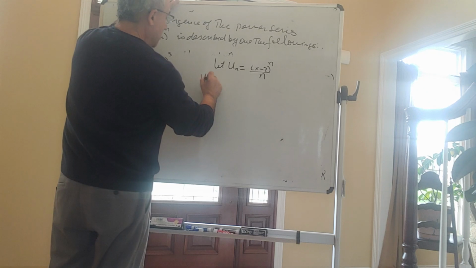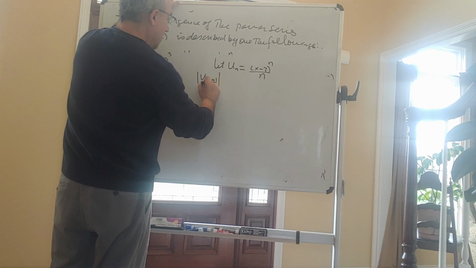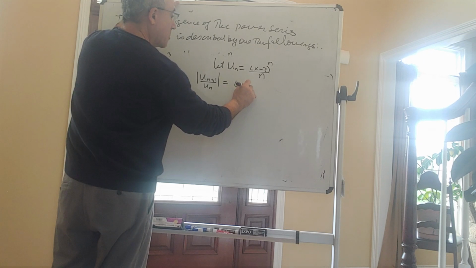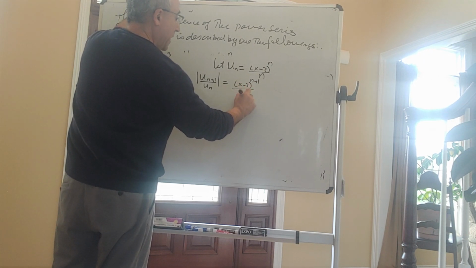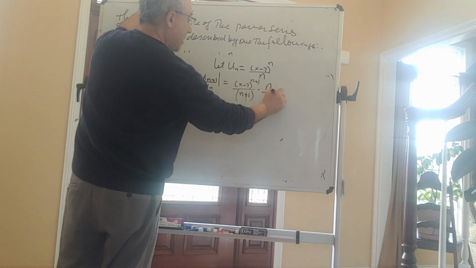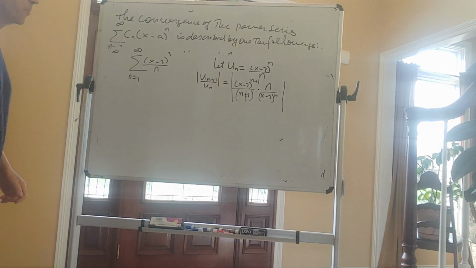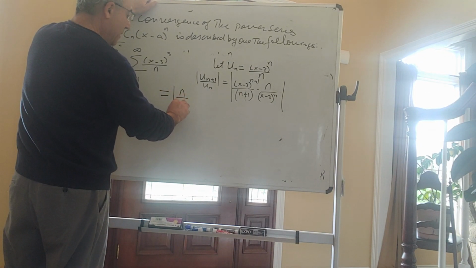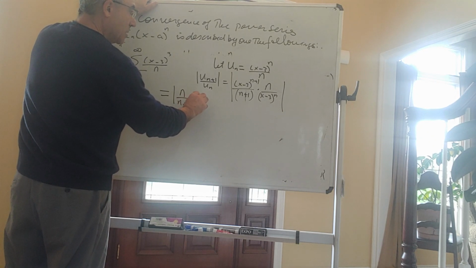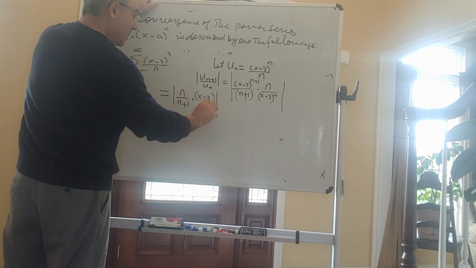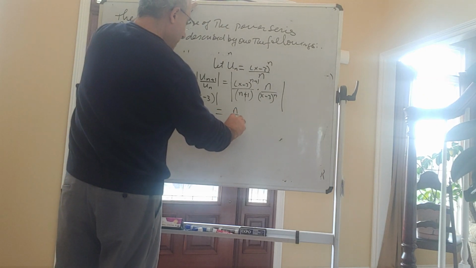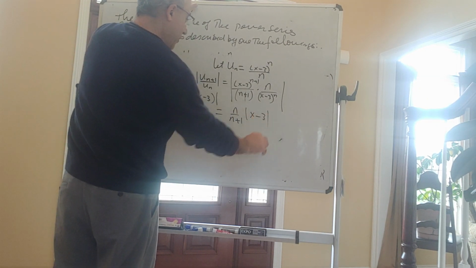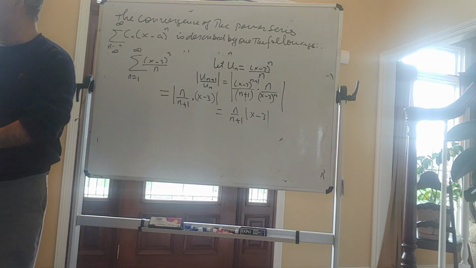And then look at u_(n+1) over u_n, that is (x minus 3)^(n+1) over n+1 times n over (x minus 3)^n, and all that in absolute value. And you will see this is equal to n over n+1 times |x minus 3|, because n over n+1 is always positive.